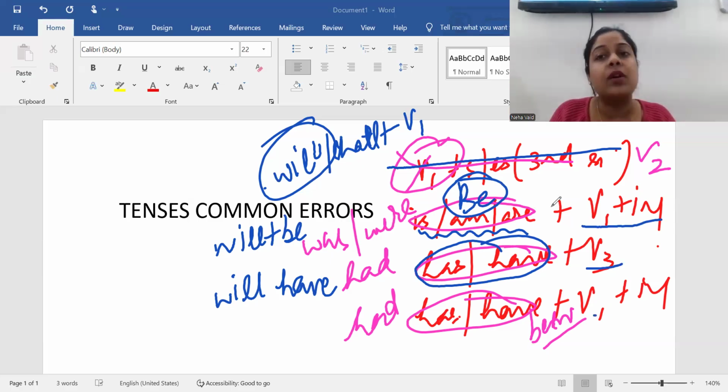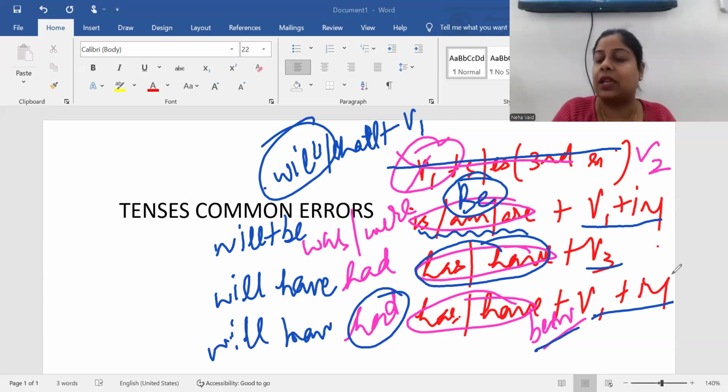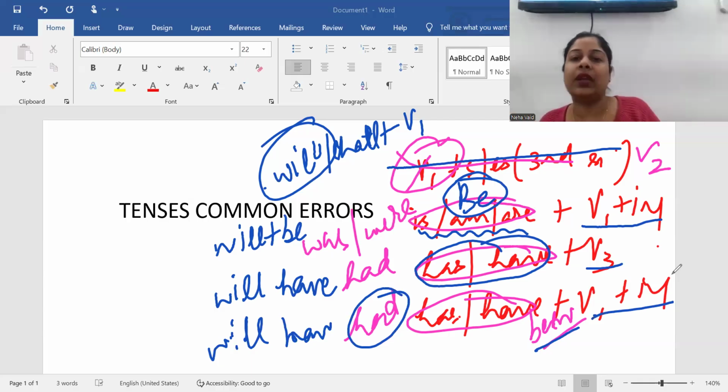We're just changing the auxiliary verbs, the helping verbs only. Then had will change to will have, and be plus ing. It's very easy: just by changing the auxiliary verbs, you can switch to another tense. This is clear, the concept.